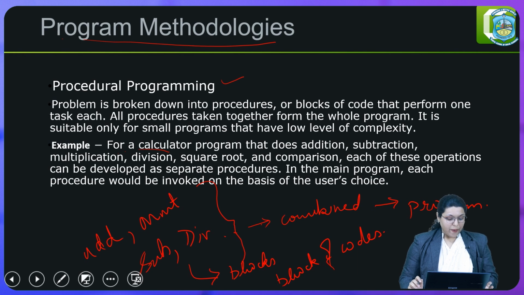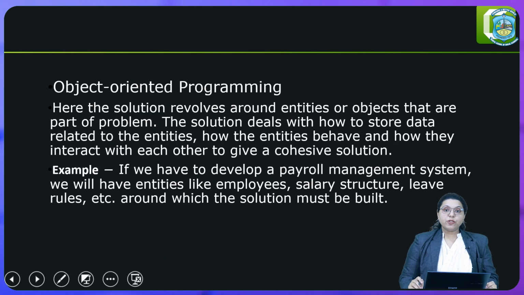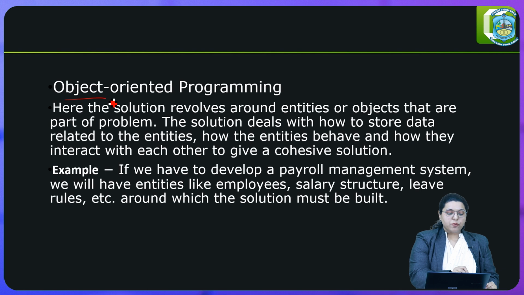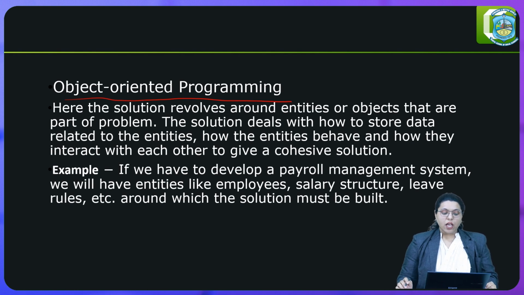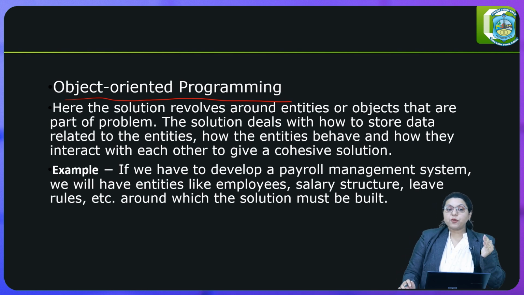Next concept is object oriented programming. Object oriented programming is an OOPS concept where we deal with different entities and objects of the program, where each program is written using entities and objects.